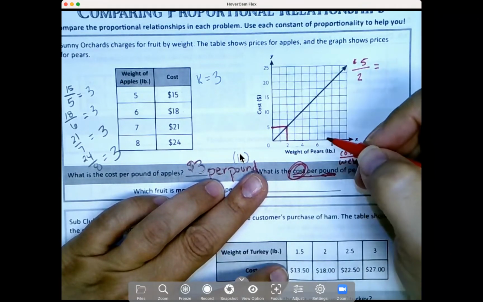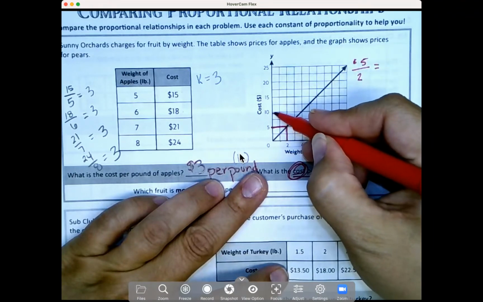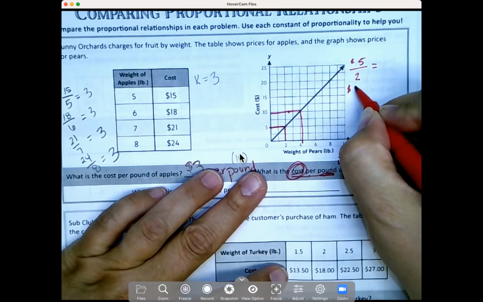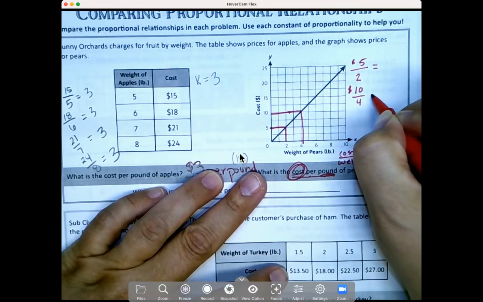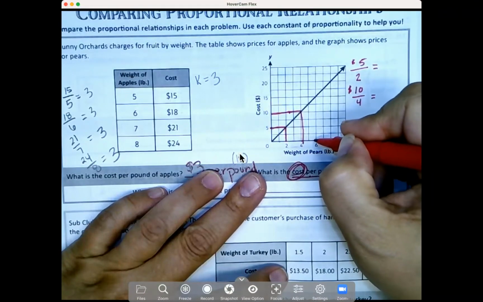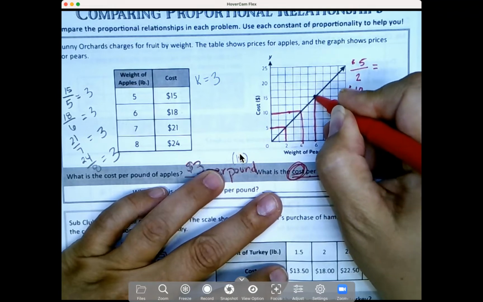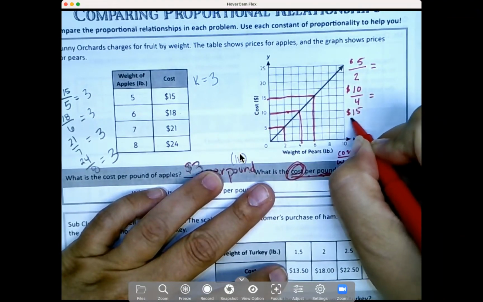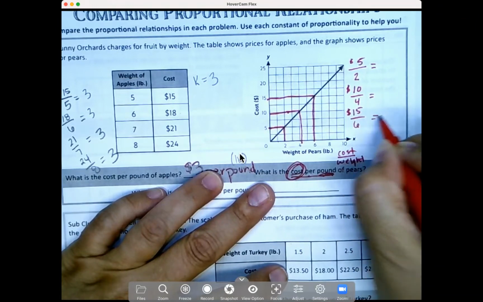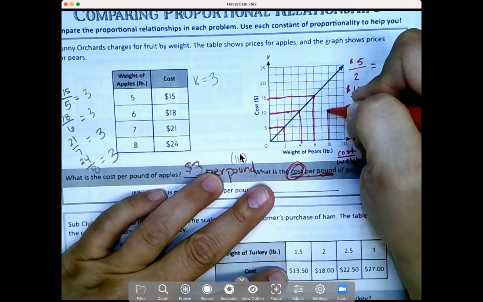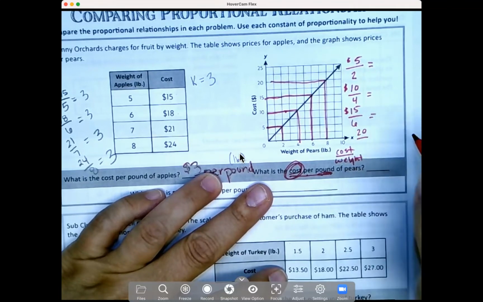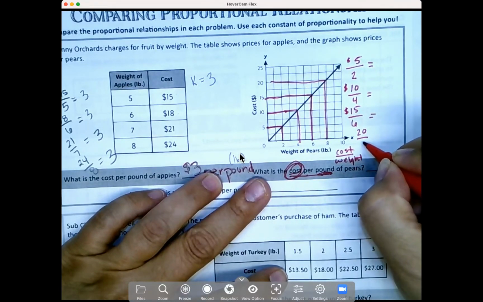My cost is $10 for 4 pounds. My cost is 15 for 6. And my cost is 20 for 8.